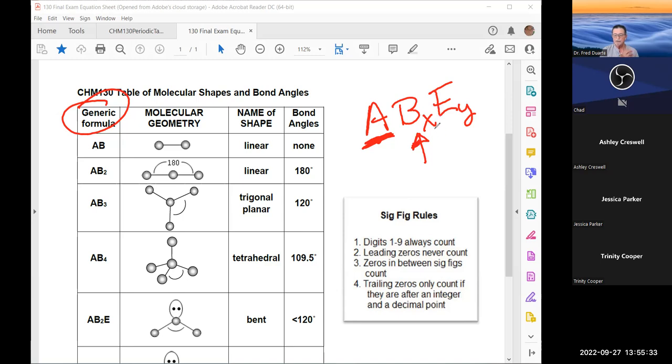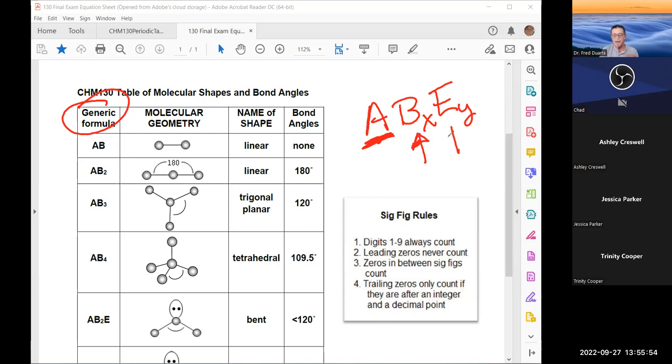Now, normally X can vary from 1 to 4, okay? So that's why I put a subscript. That number can vary: it could be one item, or it could be 2, could be 3, could be up to 4. There are some examples above that, but we're only going to go up to 4.